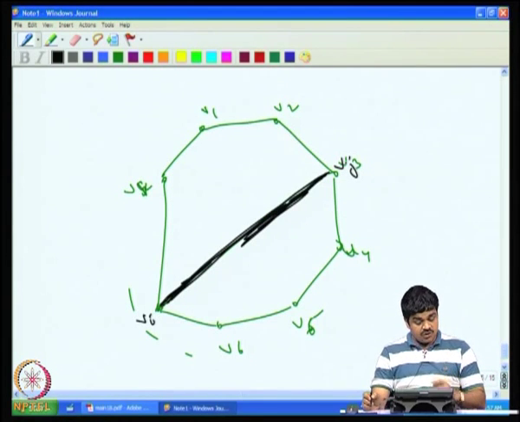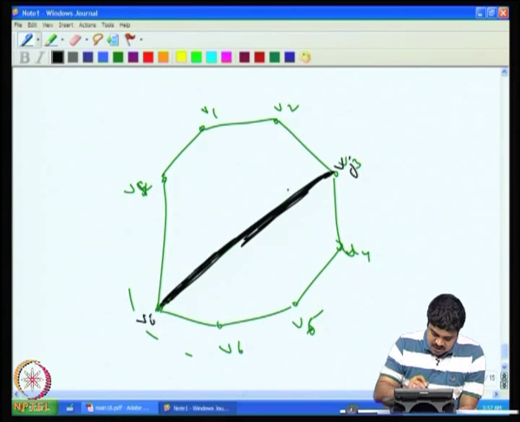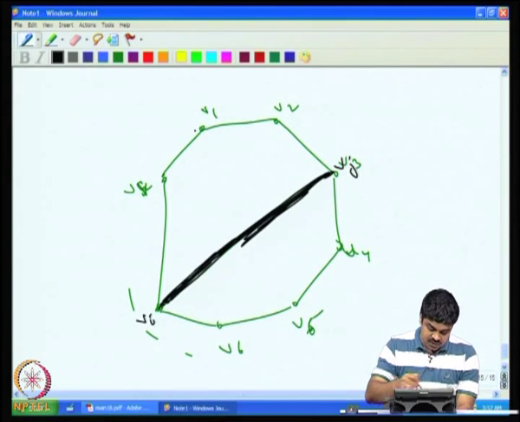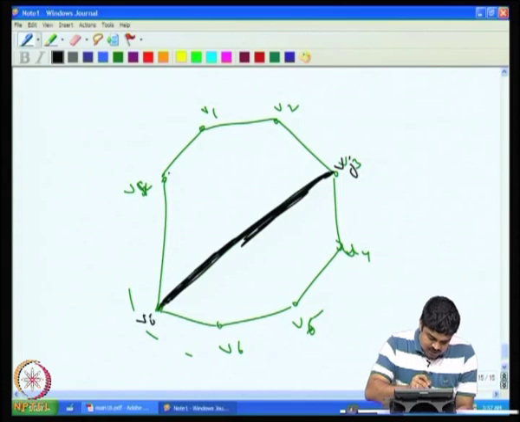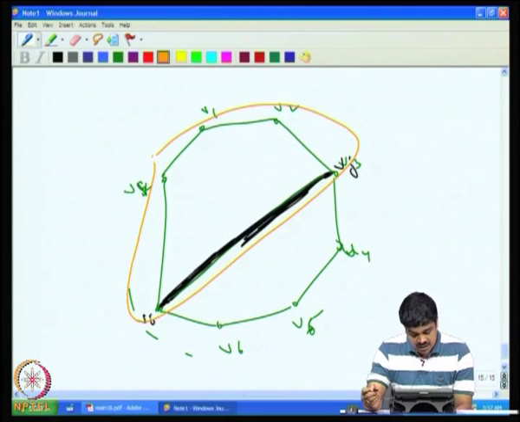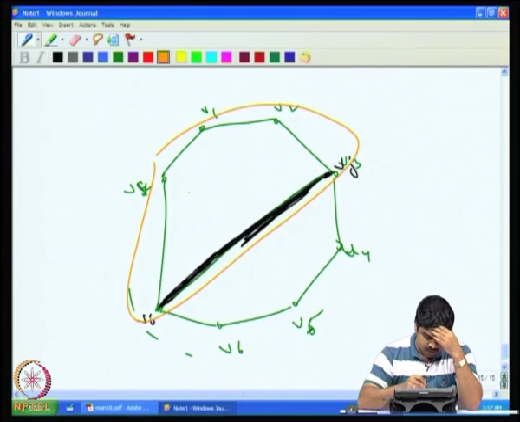It is not necessary that such a chord exists. Suppose such a chord exists, that means non-adjacent vertices on the cycle are connected by a direct edge. Then you can see that there are 2 cycles visible, and one of them definitely has a smaller number of vertices in its induced subgraph.